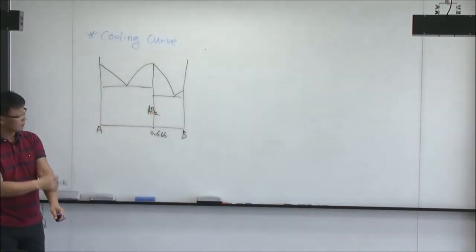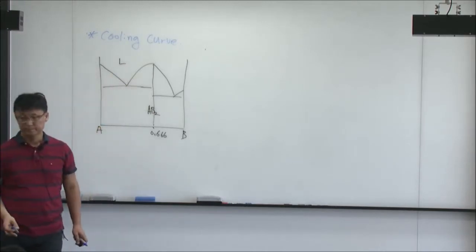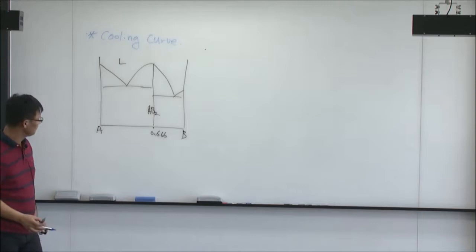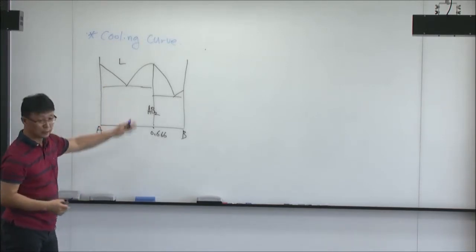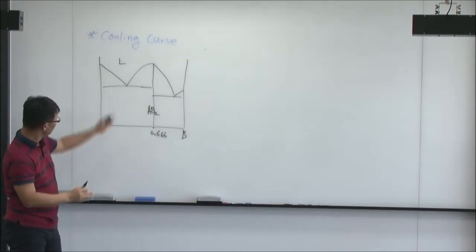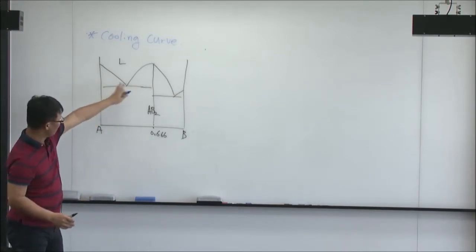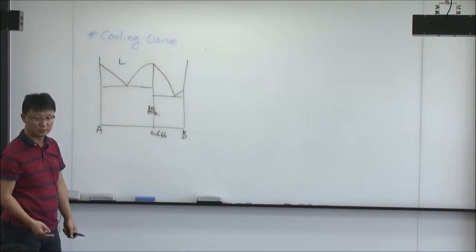Am I right? And we have the liquid phase. When you have a phase diagram, if you don't have the phase name in each area, at least you have to know how to put the phase name.